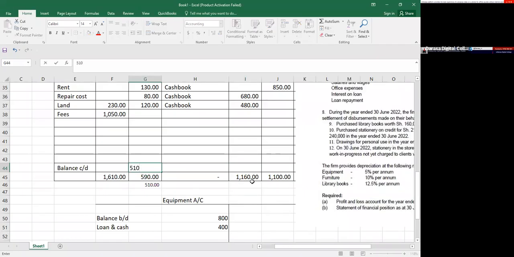On this other end, we should be talking of course, 1610 minus that, gives us 150. So basically, that is what you should be having.